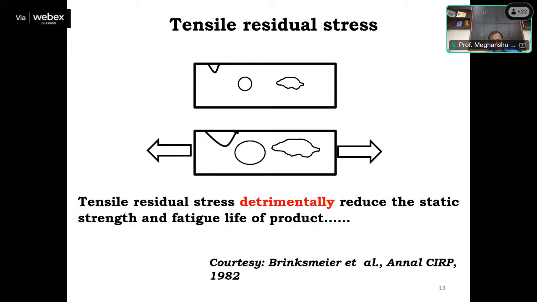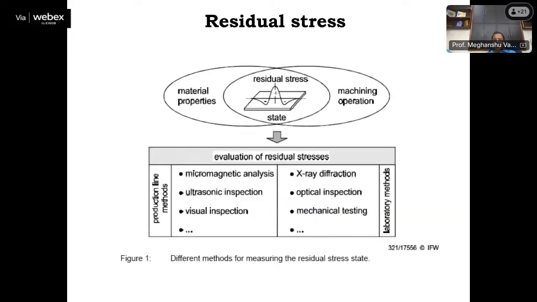Hence, we have to assess the residual stress. So, we came to know that it is very much essential to assess the residual stress for characterization of material or for assessment of quality of the manufactured product.